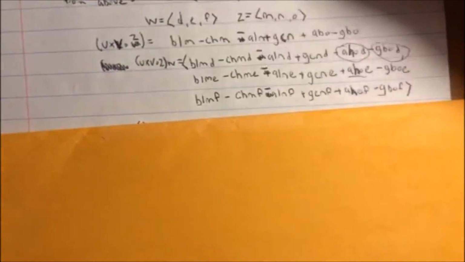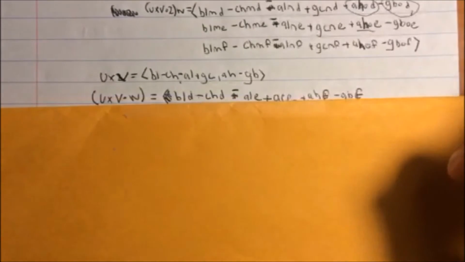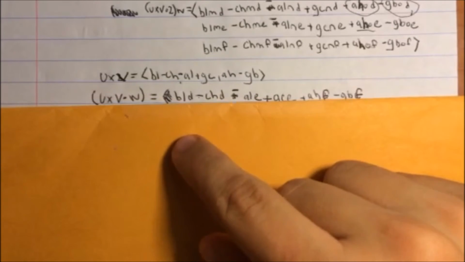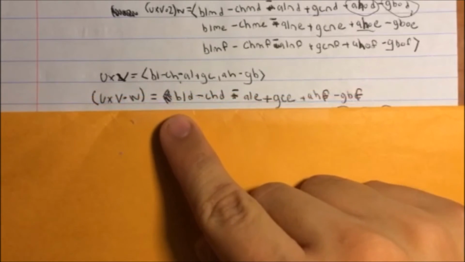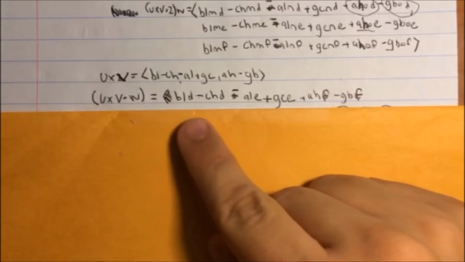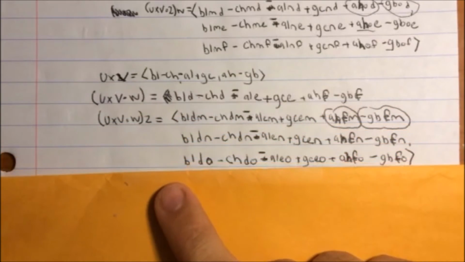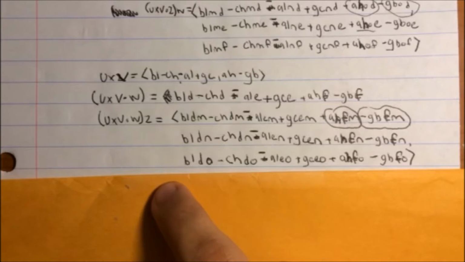And then we do the same thing for u cross v dot w times z. This is u cross v, this is u cross v dot w, and then this is u cross v dot z, or times z.